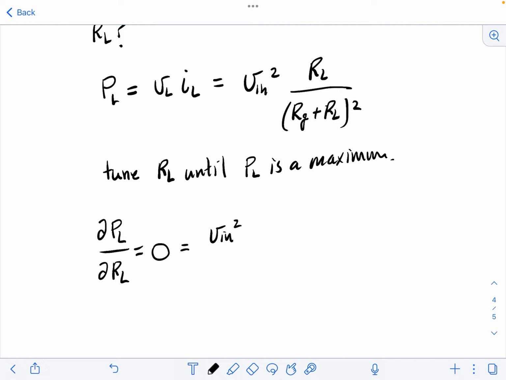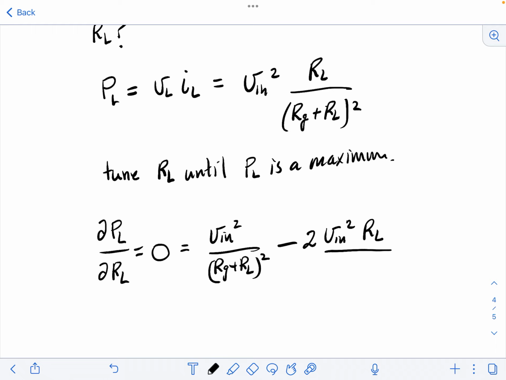So the first term is going to be Vn squared divided by Rg plus RL squared. And then we're going to get a minus 2 from the derivative of the denominator. We'll have our Vn squared and our RL in the numerator. And then we have to lower the power of the denominator by 1.